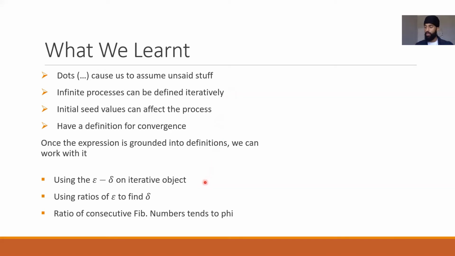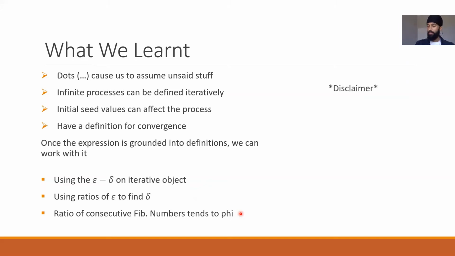Specifically to this talk, we learned how to use epsilon delta on iterative objects or recursive formulas, which is something you might not have seen. We used this interesting technique of considering the ratios to find delta, or n in this case. And finally, we saw that the ratio of consecutive Fibonacci numbers tends to phi, which you might have known, but this is an interesting informal proof of that statement.